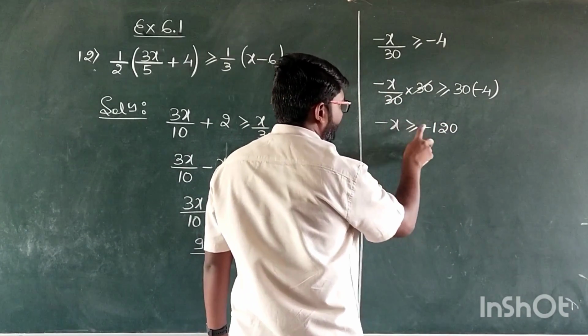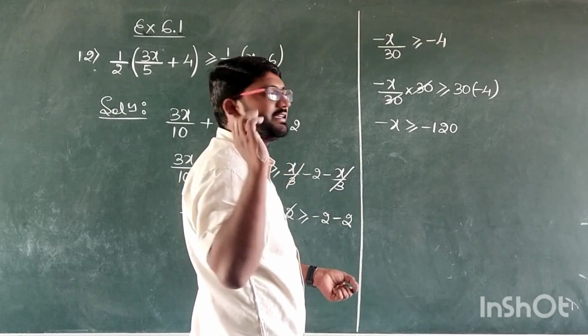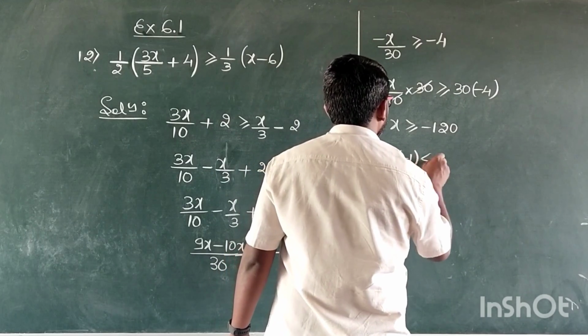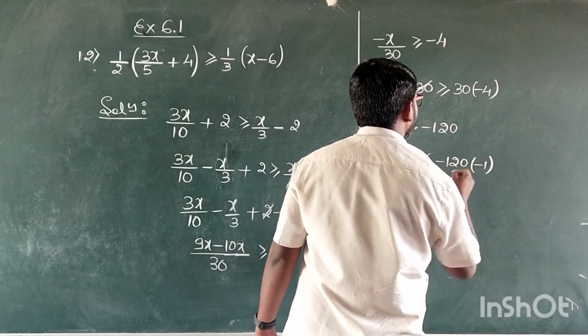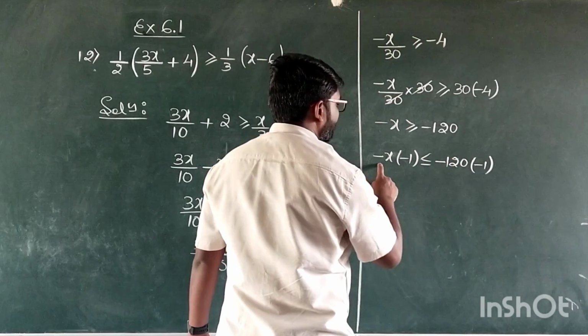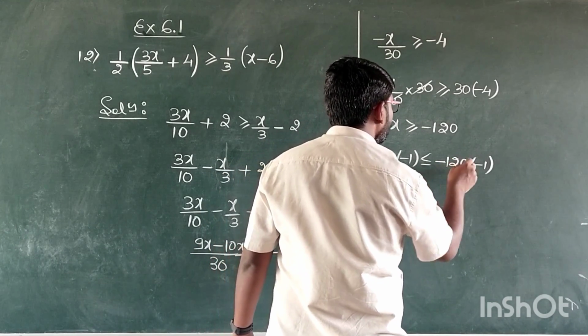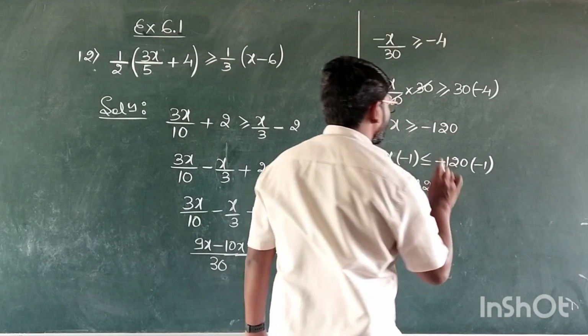So, here to eliminate minus, we have to multiply minus 1 both the sides, so that sign of inequality is reversed. So, minus x into minus 1 will be plus x less than or equal to 120.